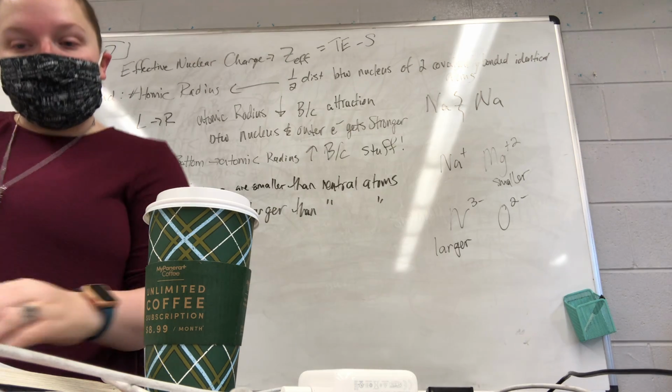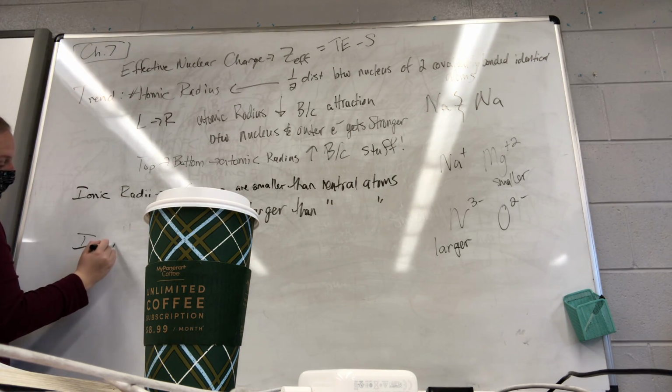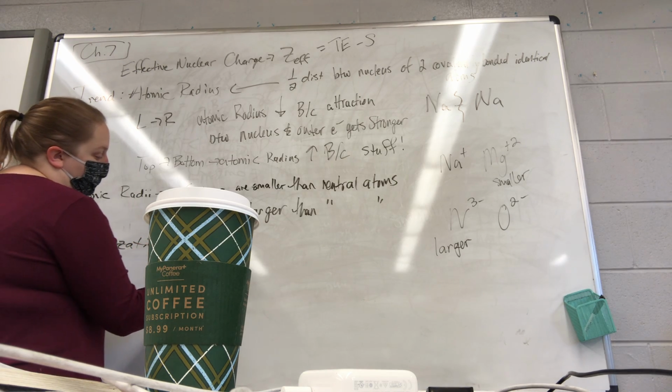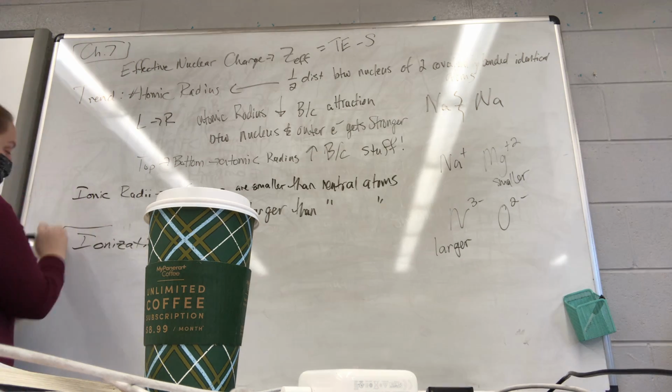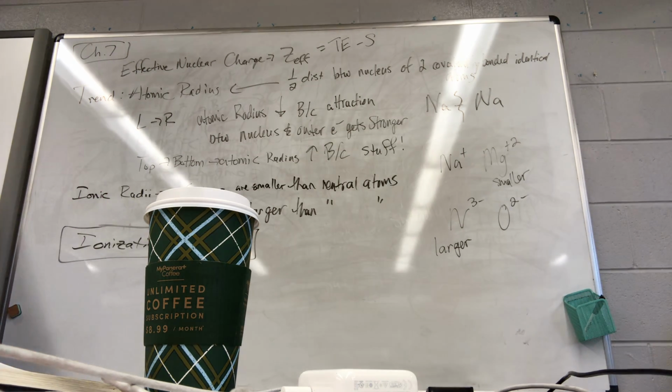Okay. Next trend was ionization energy. And one big thing I do want to talk about is something from your test, which is the quantum leap. Some of us actually stated quantum leap and talked about why it costs so much more energy to remove an electron from something that has a noble gas configuration.